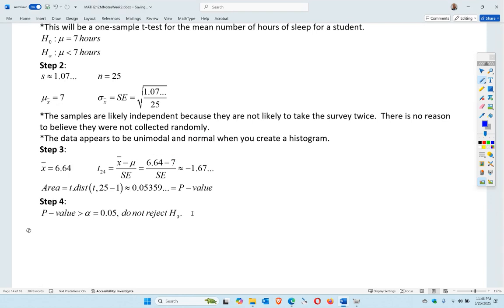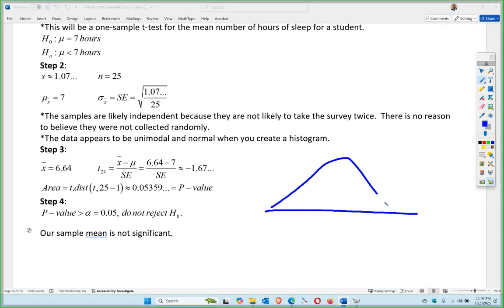Okay. So essentially, our sample mean is not significant. Since we did not reject the null hypothesis, the area was very large. You can think of it this way: this is 0.05. Our value is more than 0.05, so we're in this region over here. We're not in the shaded region.